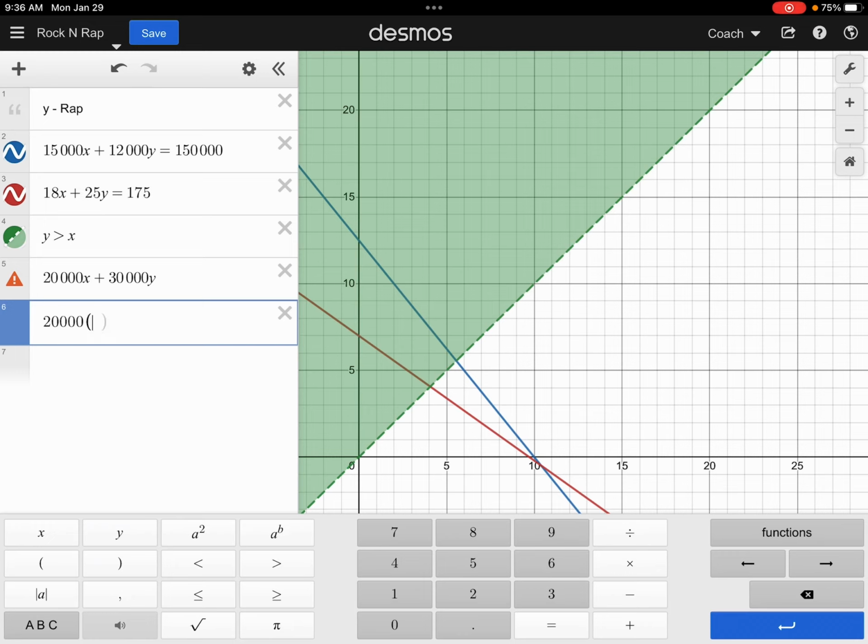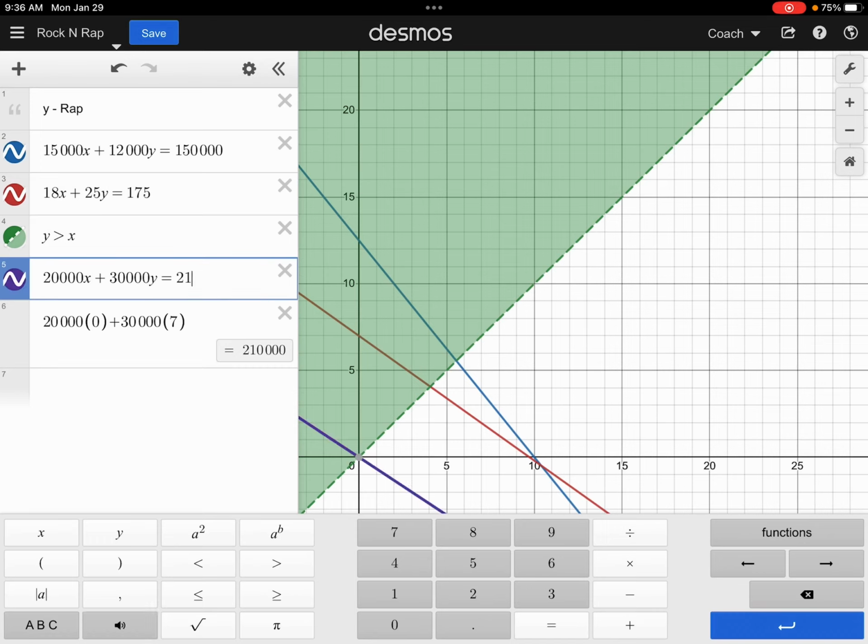So you're going to take your 20,000 times 0 plus 30,000 times 7. And that gave you $210,000. Okay. So we plot that point, right? Plot your profit line.